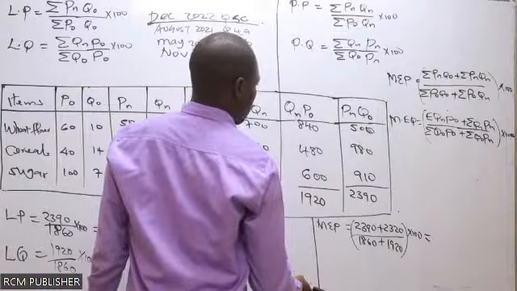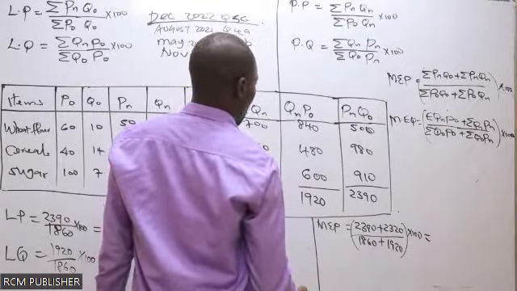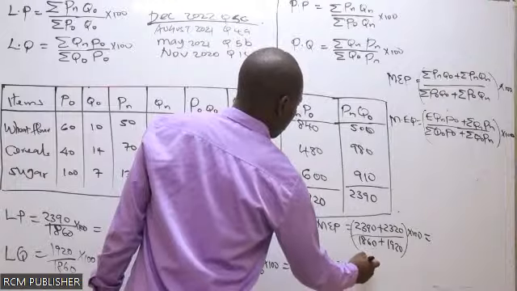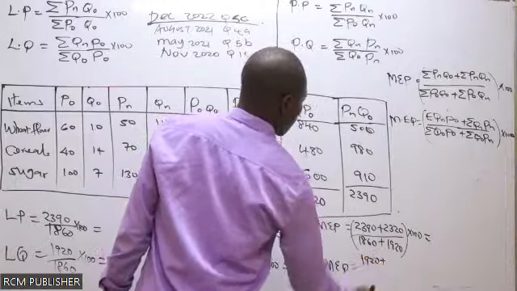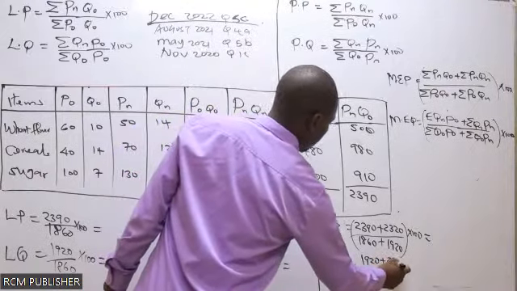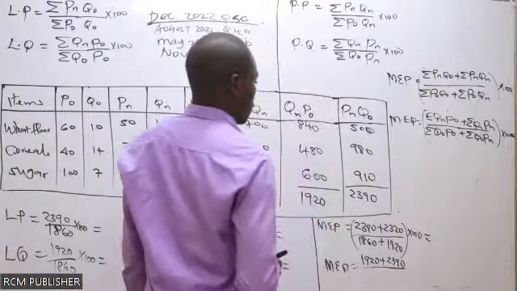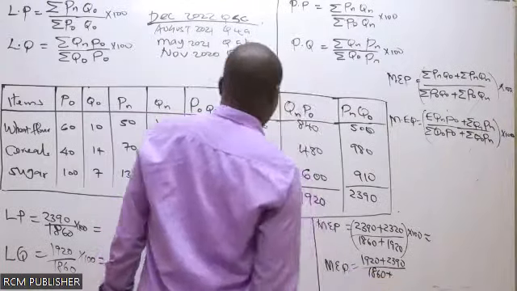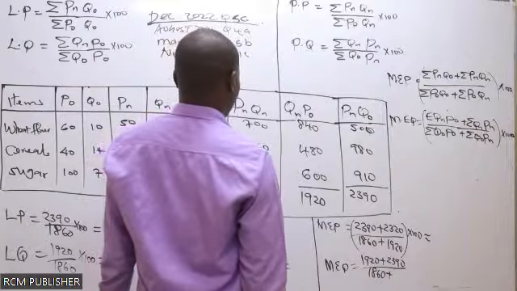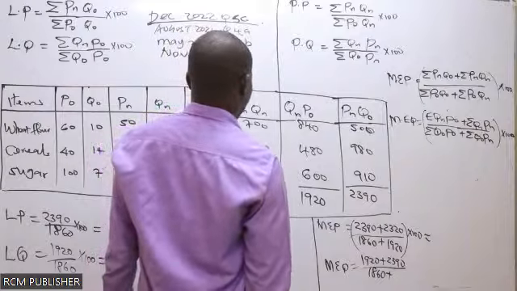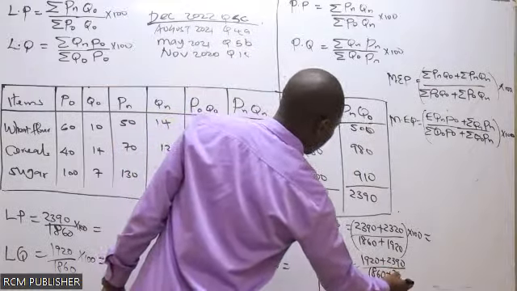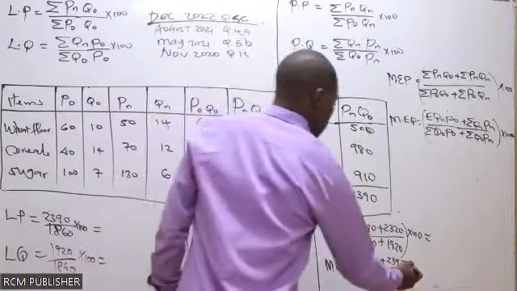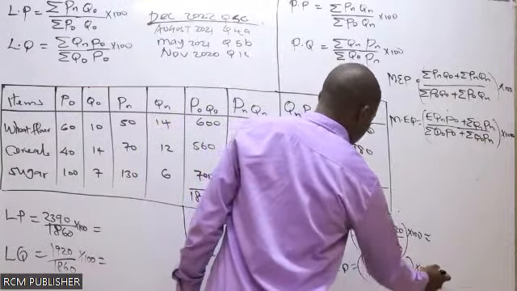And then this other one we have QNPO plus QNPN divided by QOPO, add to QOPN, when you express as a percentage.